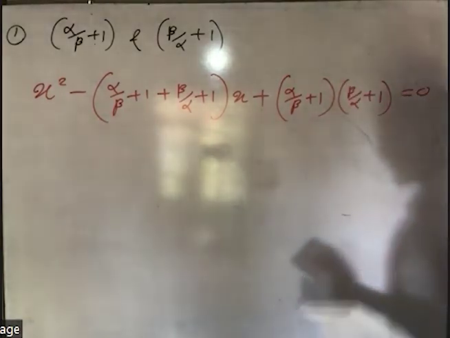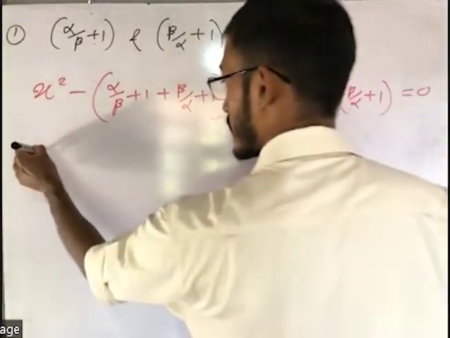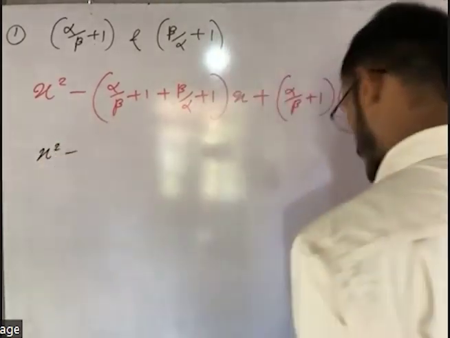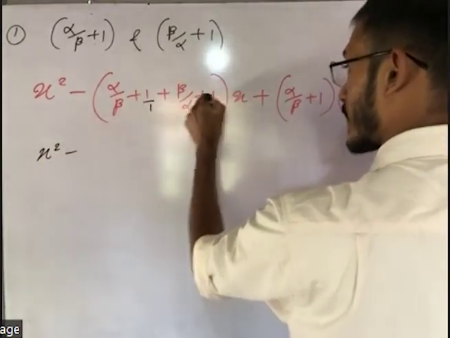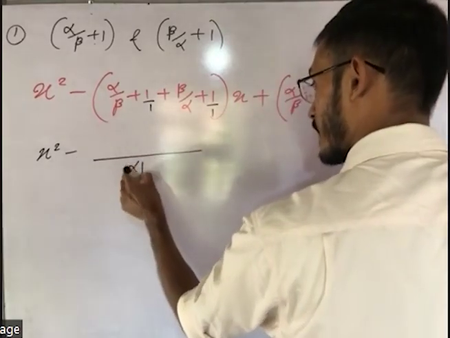Right. Now let's simplify this. Now we have x square minus, here if you take the common denominator, it is alpha beta.